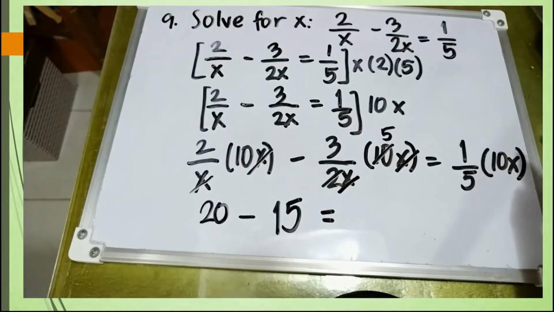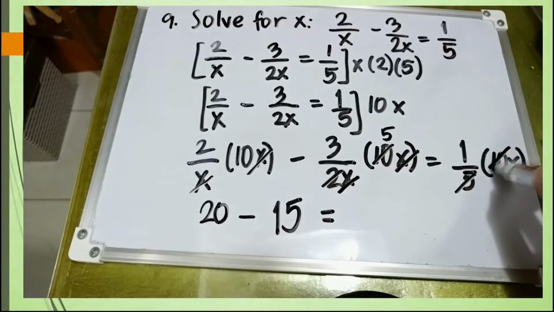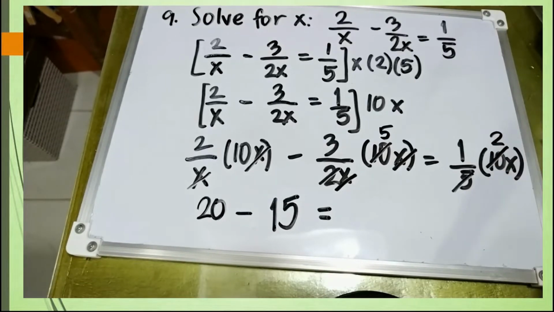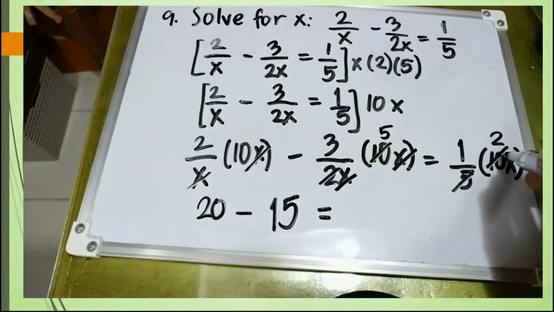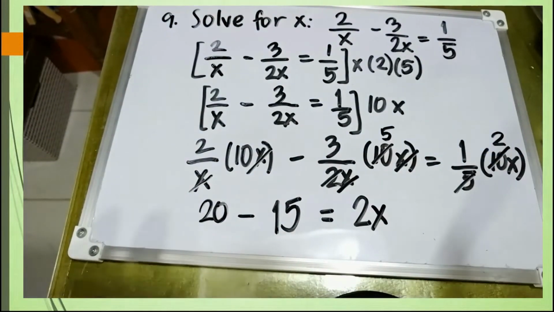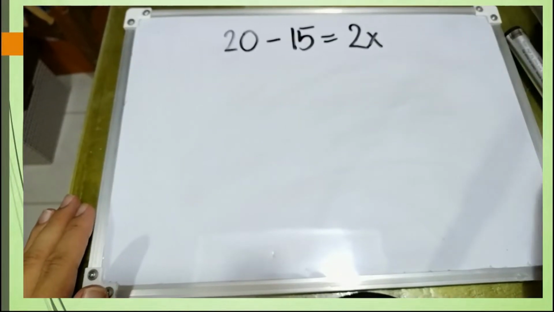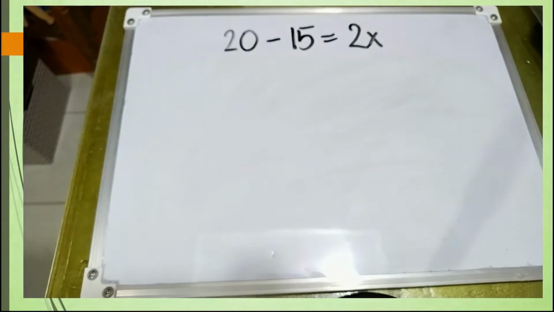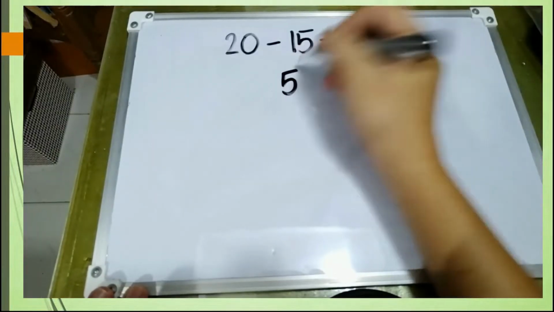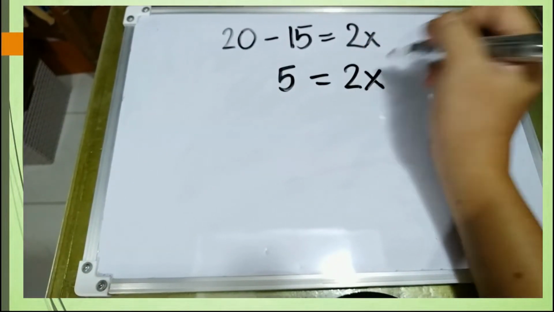Then 1/5 multiplied by 10x, so 5 and 10. So 10 divided by 5 is 2x. So 1 times 2 times x, that is 2x. So 20 minus 15 is equal to 2x. 20 minus 15 is 5, is equal to 2x.